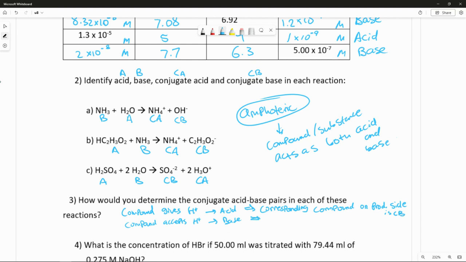And same thing for a base: the corresponding compound on the product side is going to be the conjugate acid. So all we do is just flip. If you have an acid, it becomes a conjugate base. If there's a base, it becomes a conjugate acid.